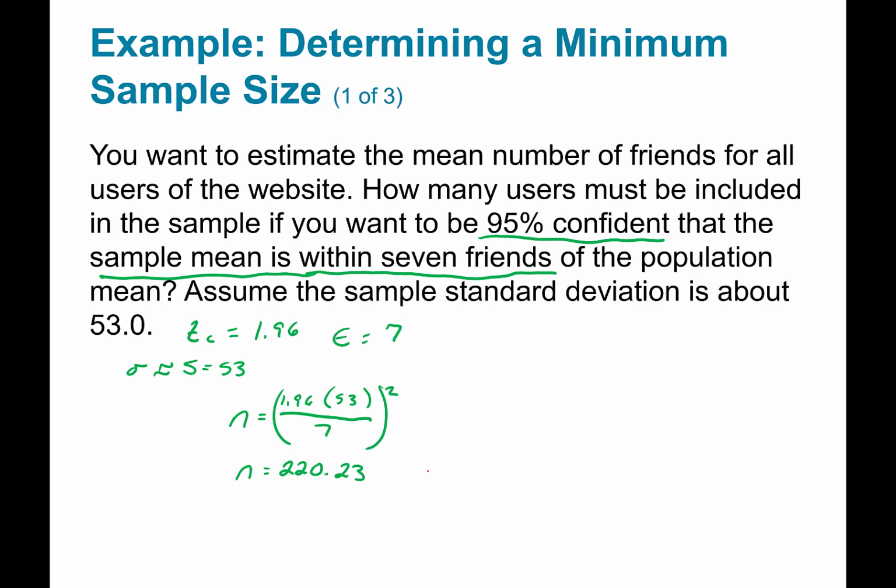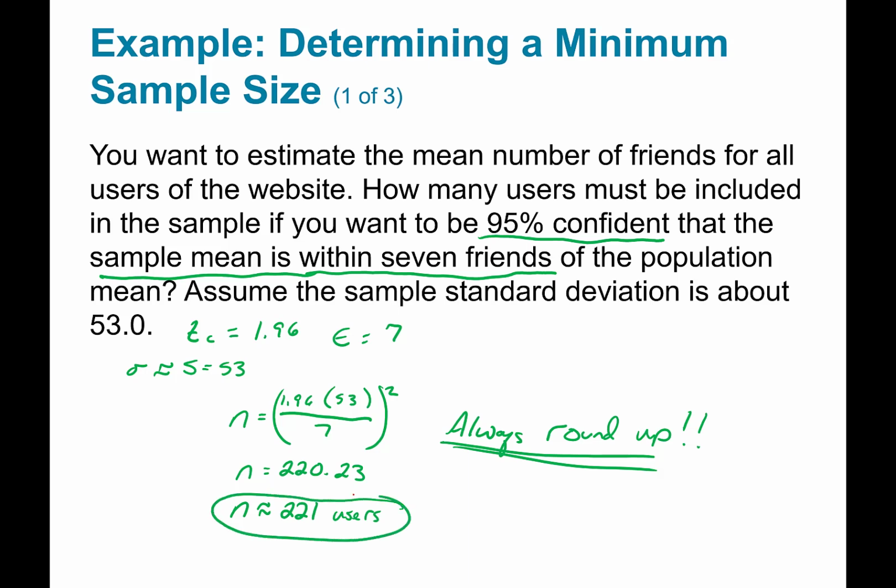So no matter what the decimal is, always round sample size estimates up. In this case, you want at least 221 users of this website.